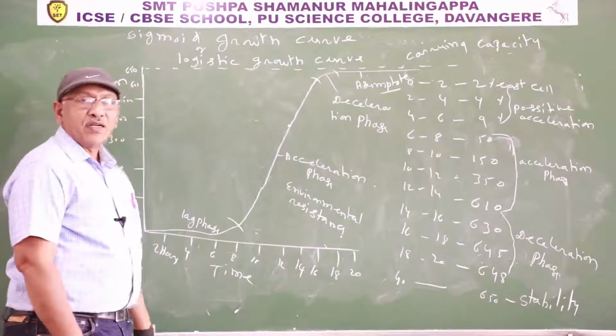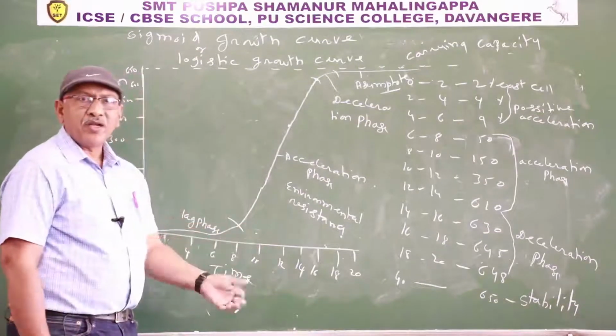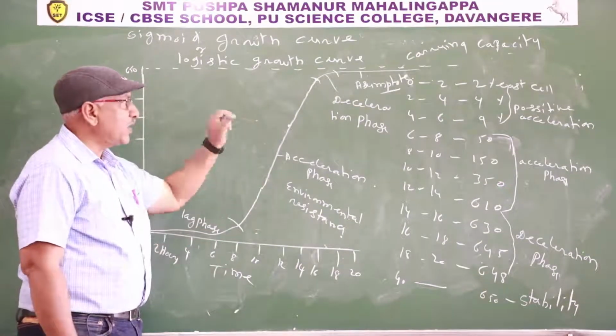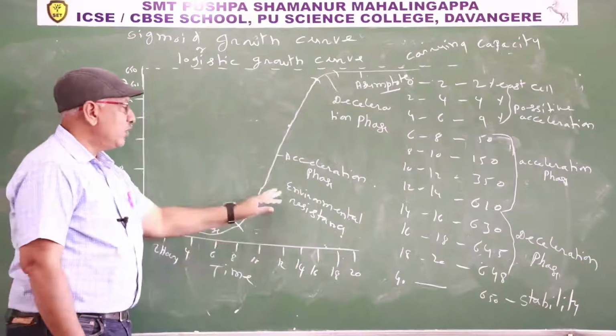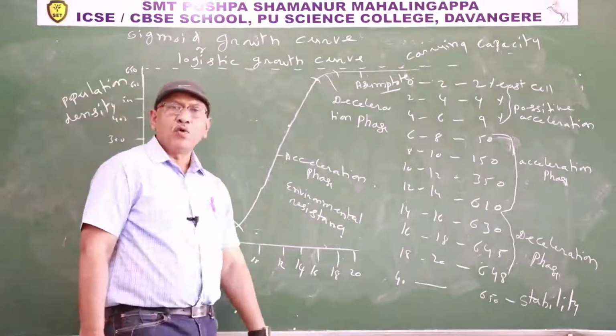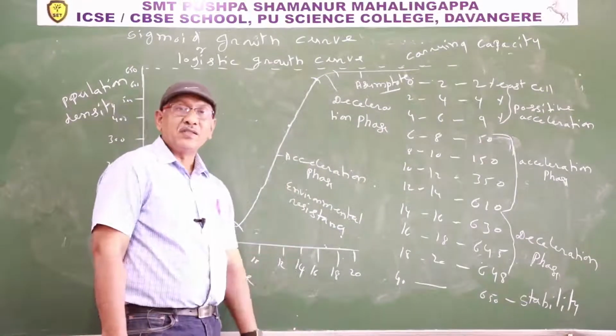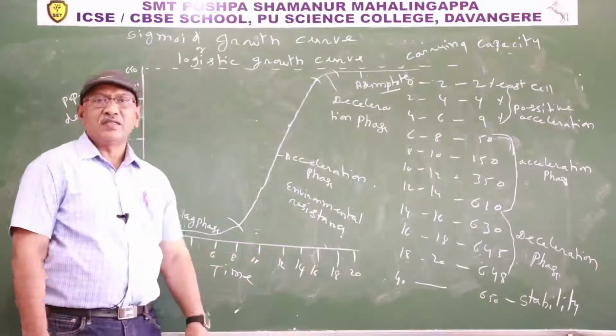What is environmental resistance? The sum total of all abiotic and biotic factors of that habitat is known as environmental resistance. Maybe available food, space. So in the case of yeast, environmental resistance.